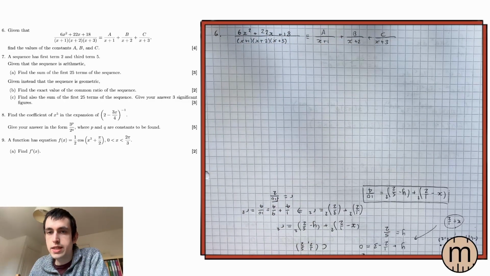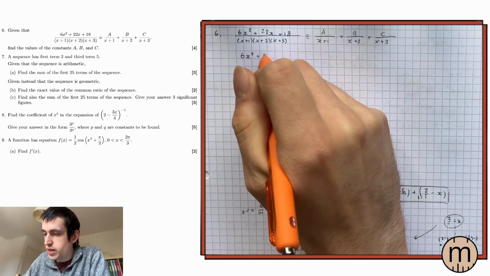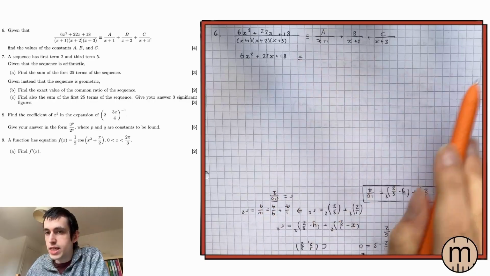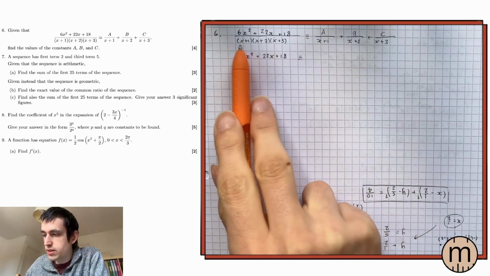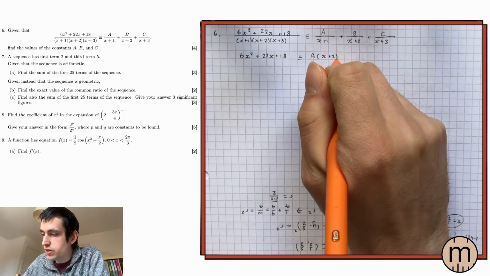The way I like to do this is I like to times left and right by the denominator. So x plus 1, x plus 2, x plus 3. On the left-hand side, that's just going to leave us with the numerator. And on the right-hand side, in each case, there's going to be one bracket which cancels out. And that means that you're going to be left with essentially the other two brackets.